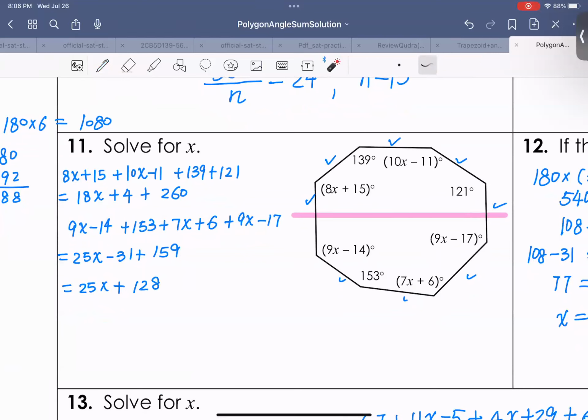And now we can add this together. So this becomes 264, right?